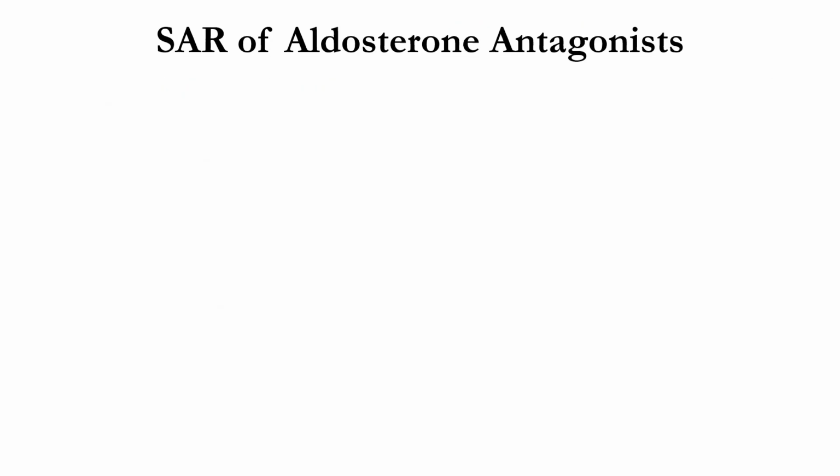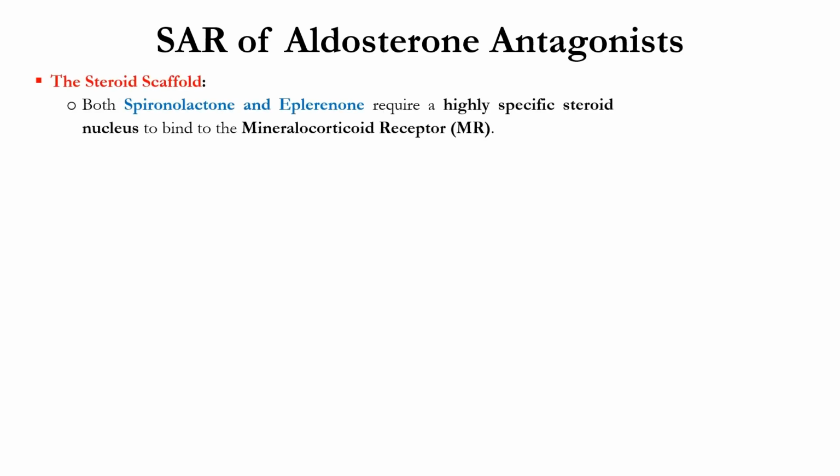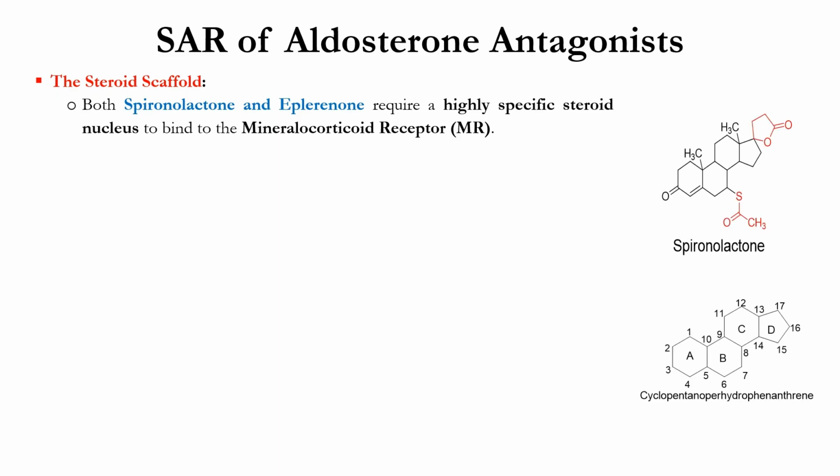Let's discuss the structure-activity relationship of aldosterone antagonists. The steroidal structure of the antagonist is very important. As you have seen from the structure, they should contain the steroidal scaffold. This is one of the requirements: a highly specific steroidal nucleus that can easily bind to the mineralocorticoid receptor.